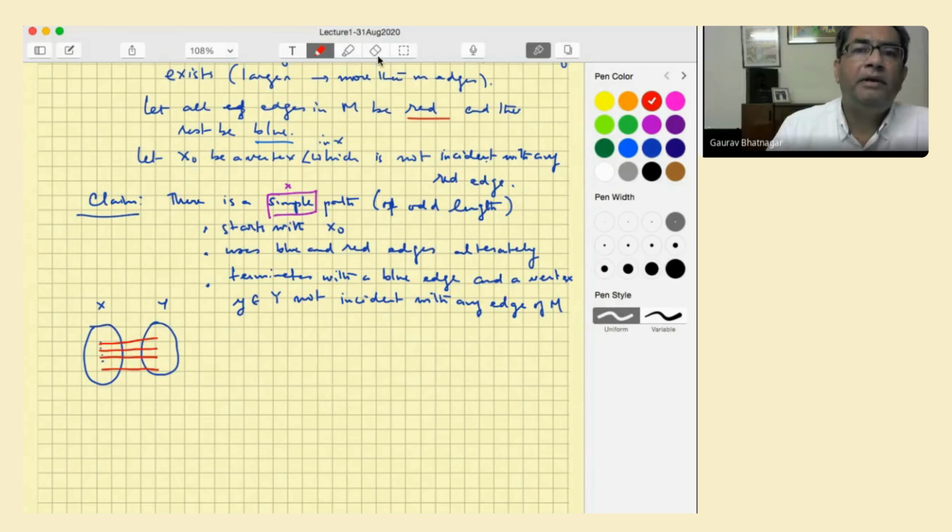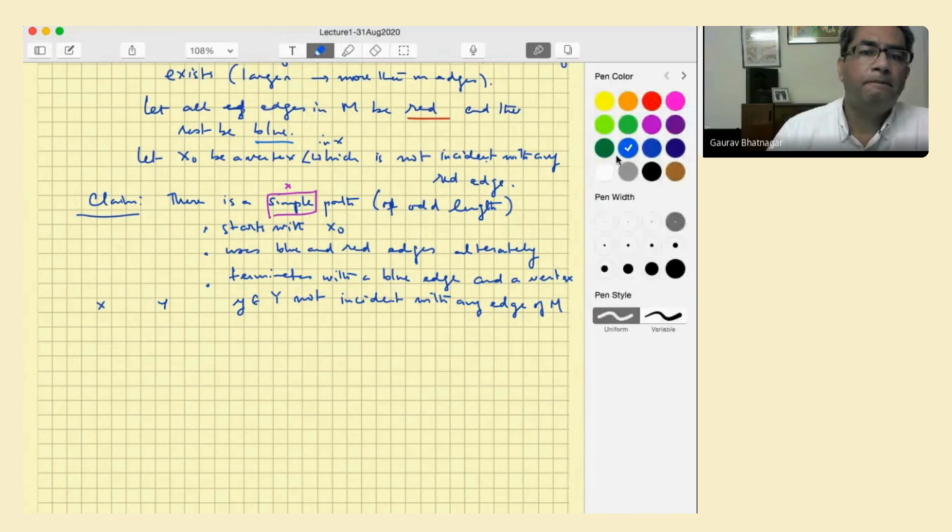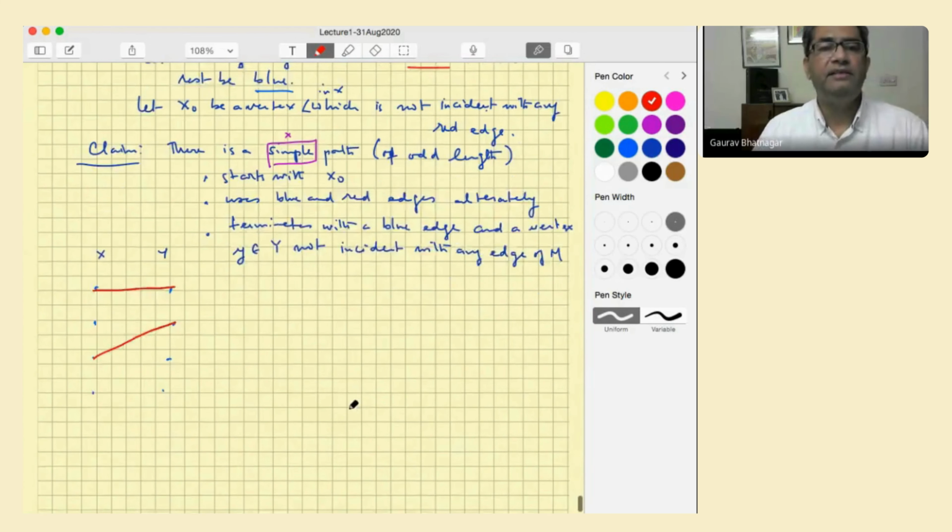I should make it bigger. So there is some matching. These are red edges.